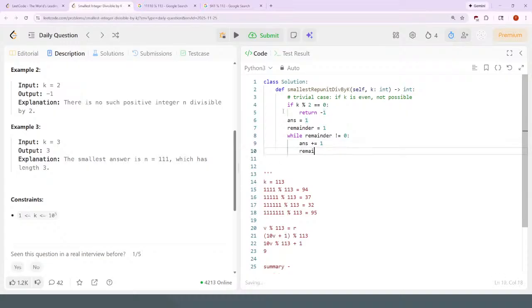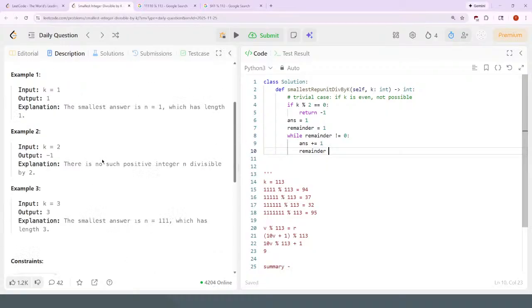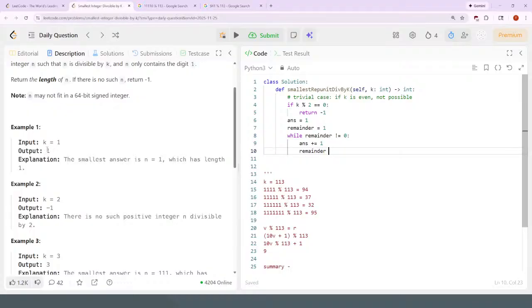Then your remainder is initially 1 if k is not equal to 1.